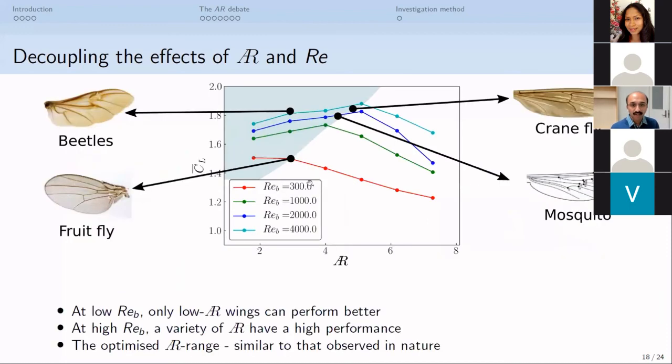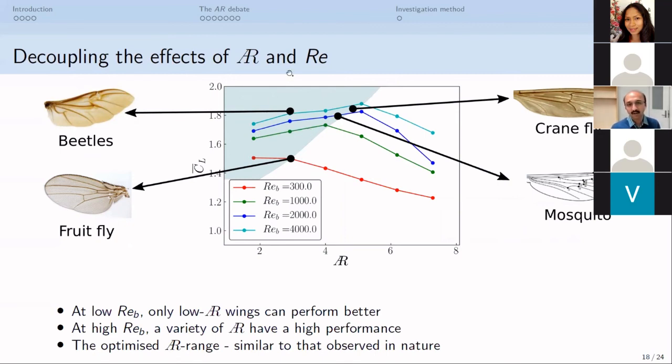So now if we do this exercise for a range of Reynolds numbers, we obtain these different curves. So here I have shown the area on the left with a color, meaning that in this area, we have either similar or slightly better lift coefficient with an increasing aspect ratio.